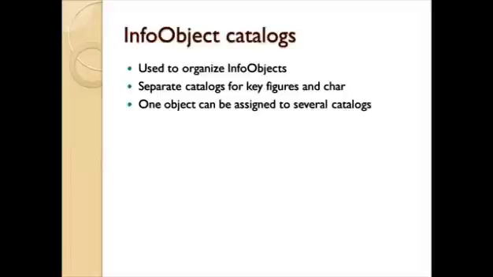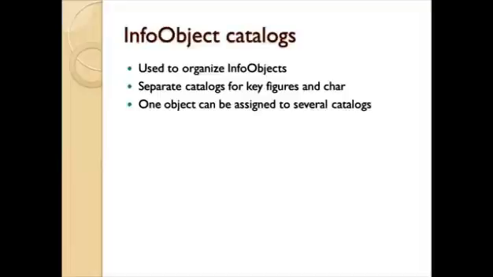Info objects are organized into info object catalogs, and generally speaking, we should create separate catalogs for key figures and characteristics. So you have a key figure catalog for key figures, and a characteristic catalog for characteristics. Also notice that each info object may be assigned to several catalogs.